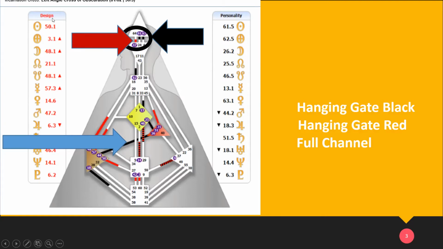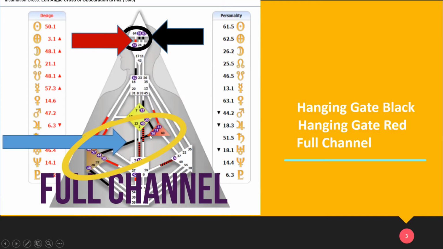This is the vehicle intelligence. This is the mind. And for this chart, this hanging gate here shows up in the 47 here, which is the Mars. And then when you have a gate that is opposite, two gates that come together in one chart create a full black line from center to center.